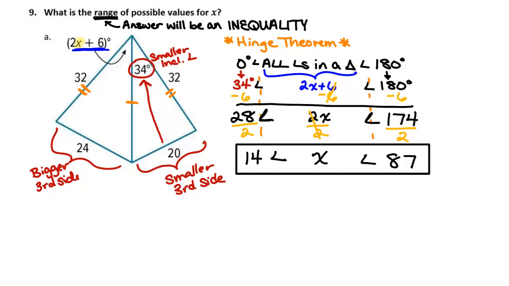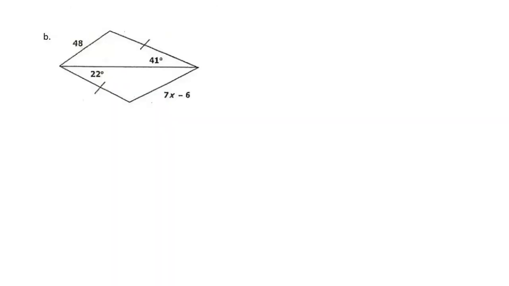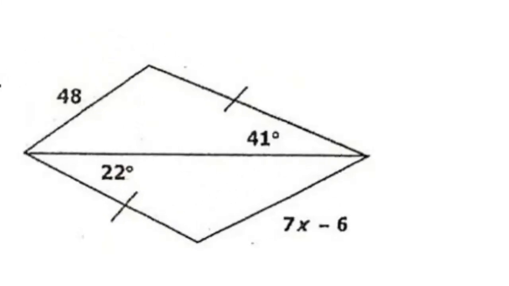And as long as x is some number in between 14 and 87, this angle right here will be bigger than 34 degrees, but still smaller than 180. We're going to do part B of this, and then we'll go back to number 3. So number 9, part B. First thing I notice about this picture is we've got these congruence marks here.